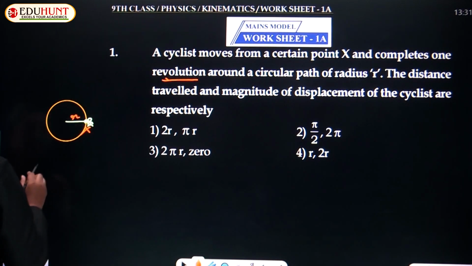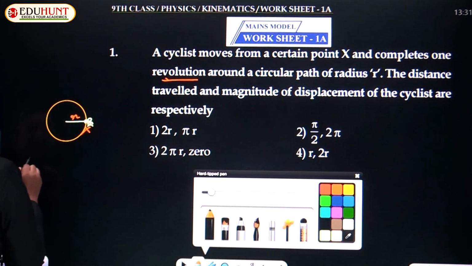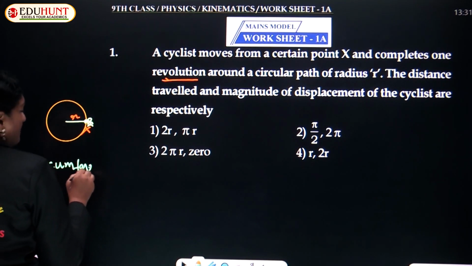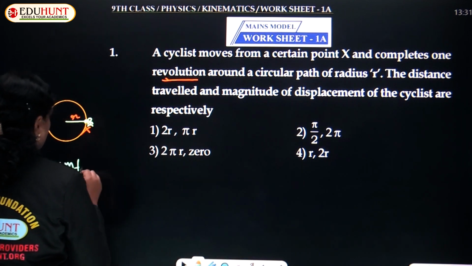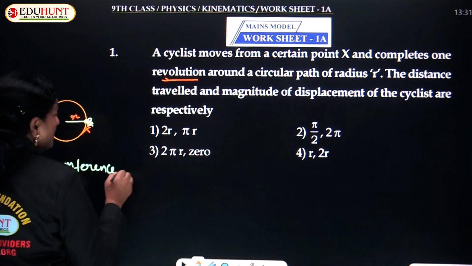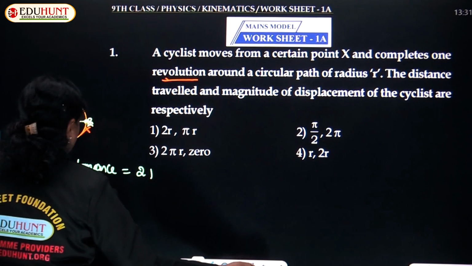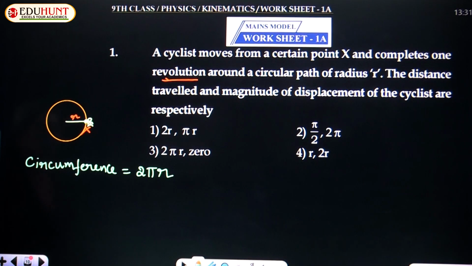For a circle, the circumference is given by 2 pi r, if r is the radius.